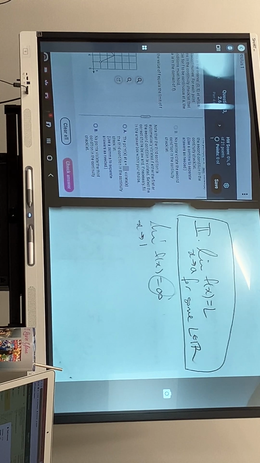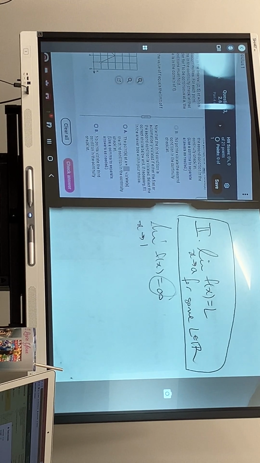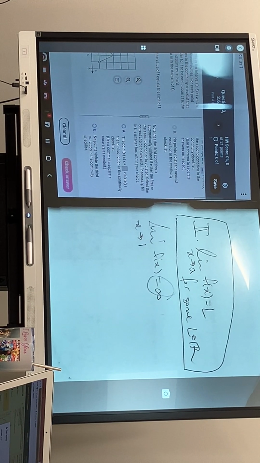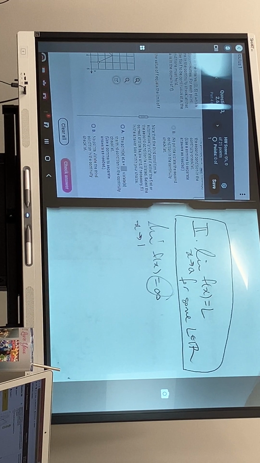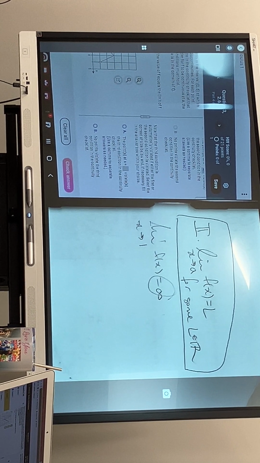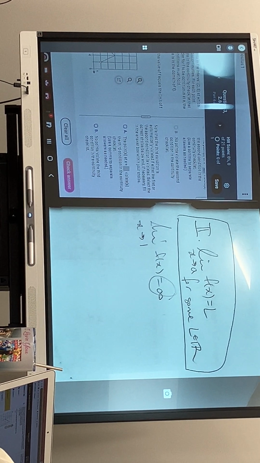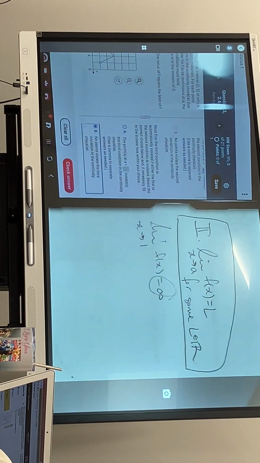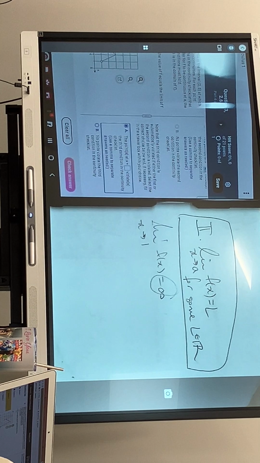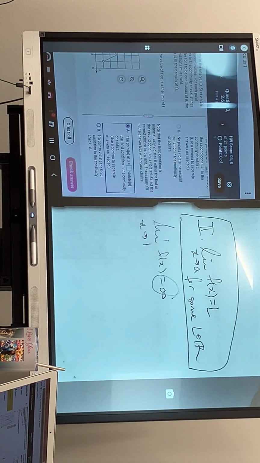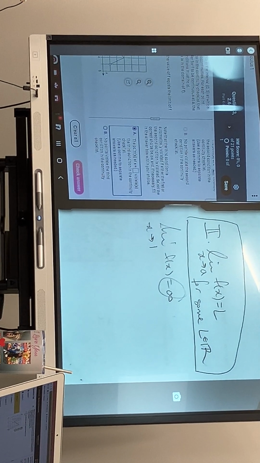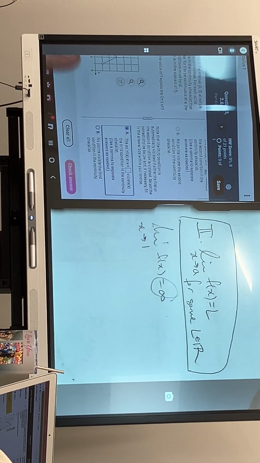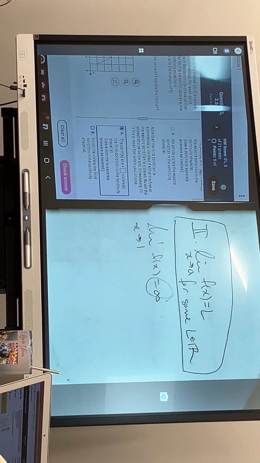And then condition number 3, the limit has to be what the function is where it's defined there. Do you feel like any of them violate the third point? There's a bit of a question about this one because the limit is infinity, but the function is undefined there.